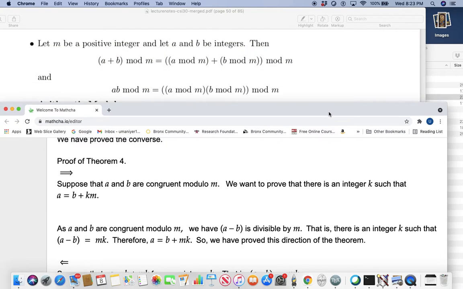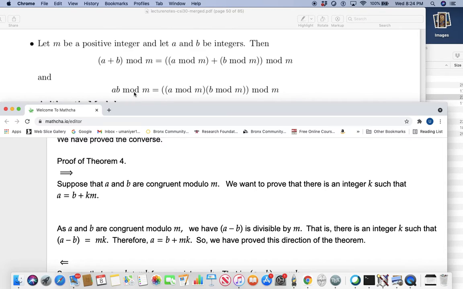Likewise, simply following the definitions, you can show: let m be a positive integer, a and b be integers, then a plus b modulo m, the remainder when a plus b is divided by m, is actually equal to this. You take the remainder when a is divided by m, take the remainder when b is divided by m, add those two remainders and find the remainder when the sum of remainders is divided by m. That is a plus b mod m.